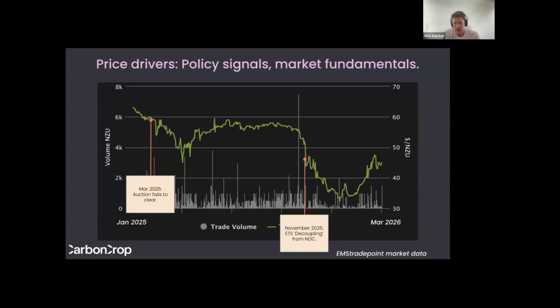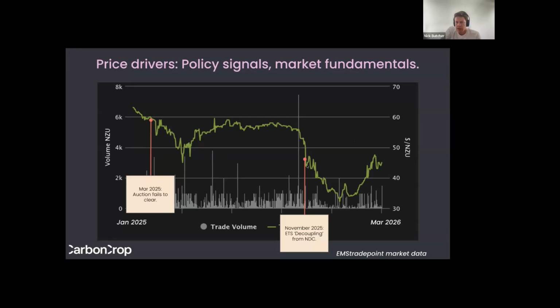I won't go into the exact technicalities, but in a nutshell, and this is just my take on it, there was previously in legislation a requirement that the ETS settings accord with New Zealand's NDC obligations, the NDC being our nationally determined contributions under the Paris Treaty, like how much emissions mitigation New Zealand will achieve itself, whether that's through our domestic efforts or through our international partnerships for achieving climate mitigation outcomes in other countries.